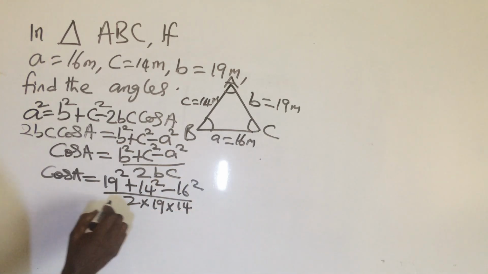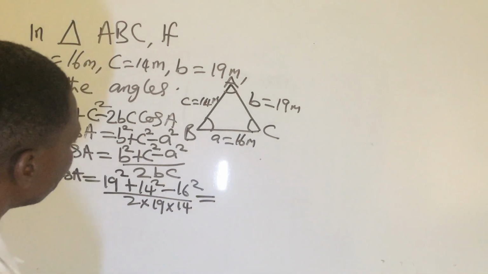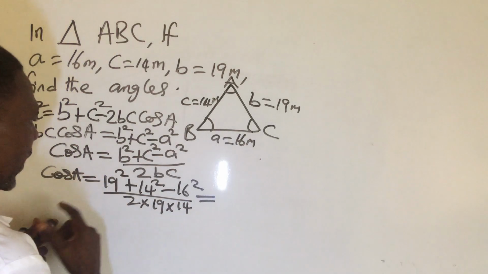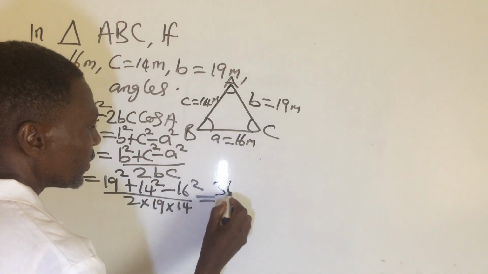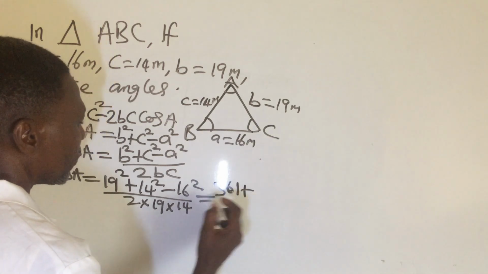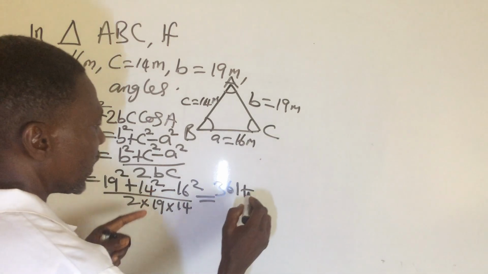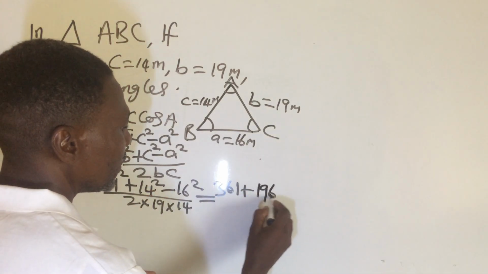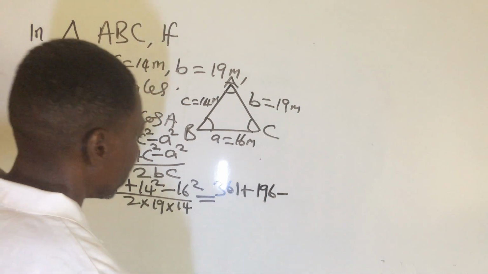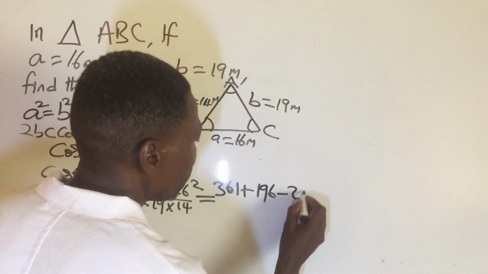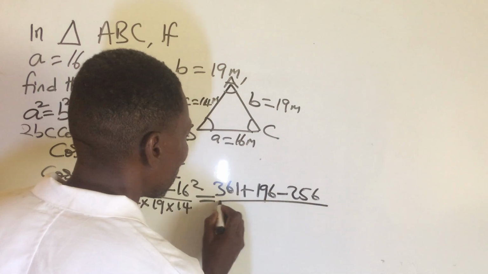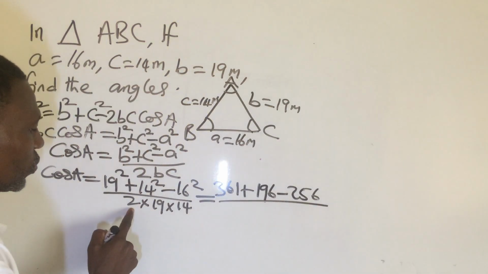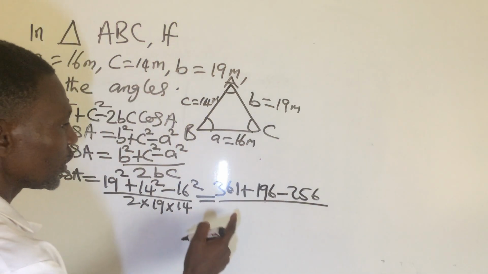Now we have 19 squared is 361, plus 14 squared is 196, minus 16 squared is 256, all over 2 times 19 times 14, is what?